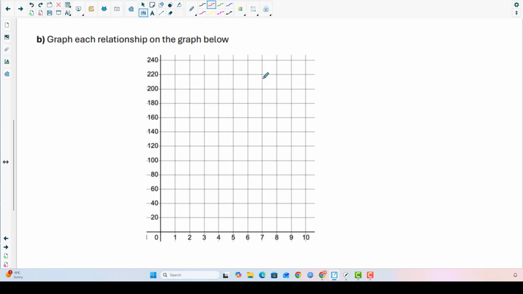Well, I'm going to graph both of these values on this graph here. The first value for Rory was 0, 0. And the next value was 1, 20. Then 2, 40, 3, 60, 4, 80, 5, 100, and 6, 120.